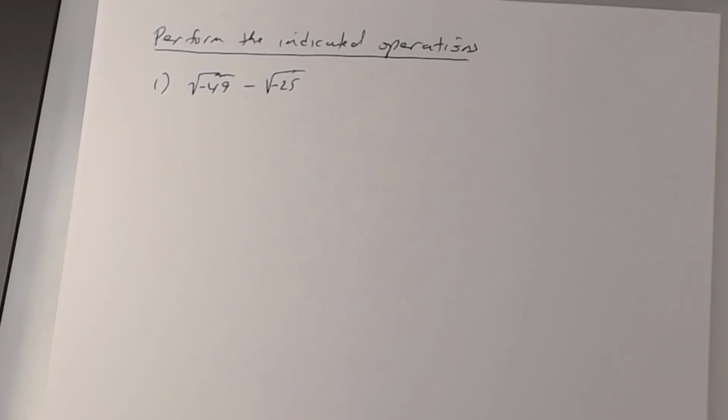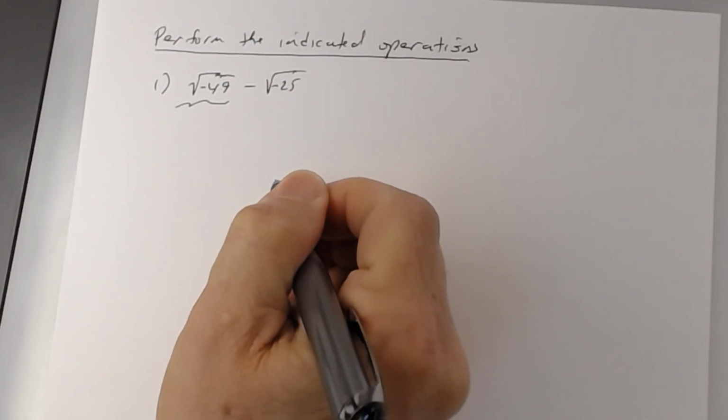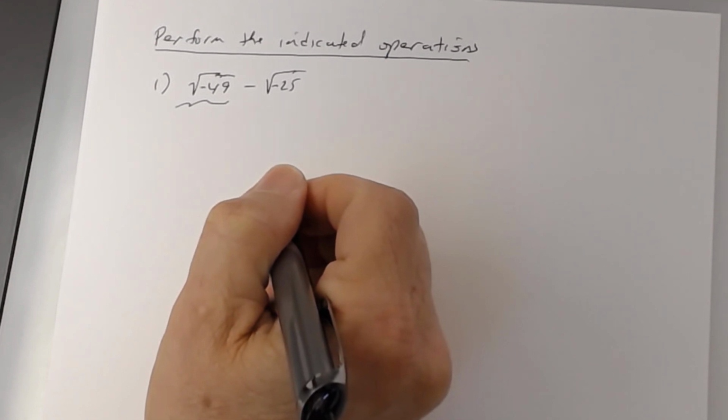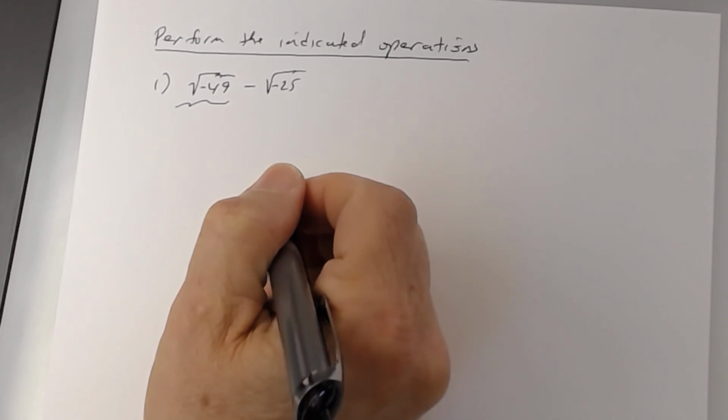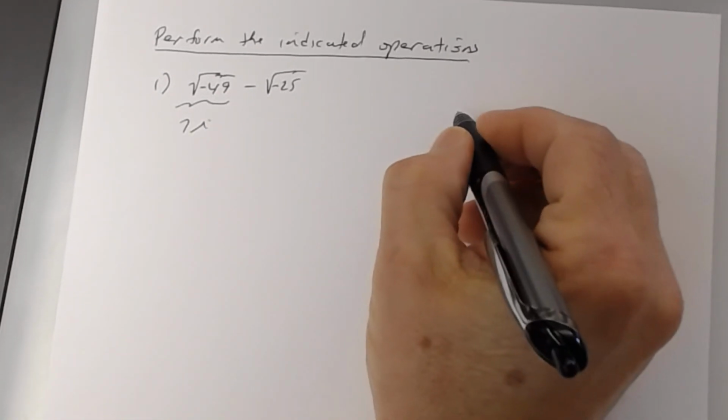Just look at the square root of negative 49 for right now. Do you remember from last class period what this is? What's the square root of a negative 49 the same as? 7i. Good. 7i. Because remember, we talked about this.